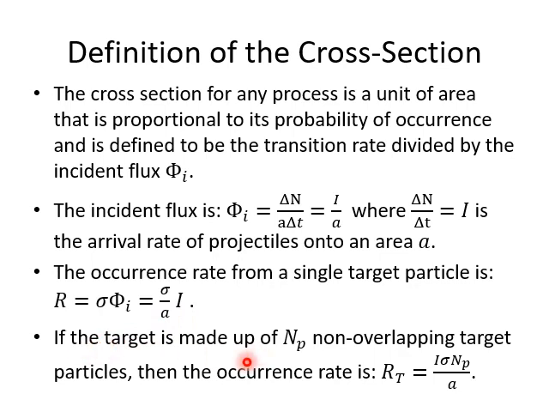And if the target has capital N non-overlapping target particles, then the occurrence rate is going to be equal to the rate of arrival of particles times the number of targets in the area times the cross-section, all right, per particle.